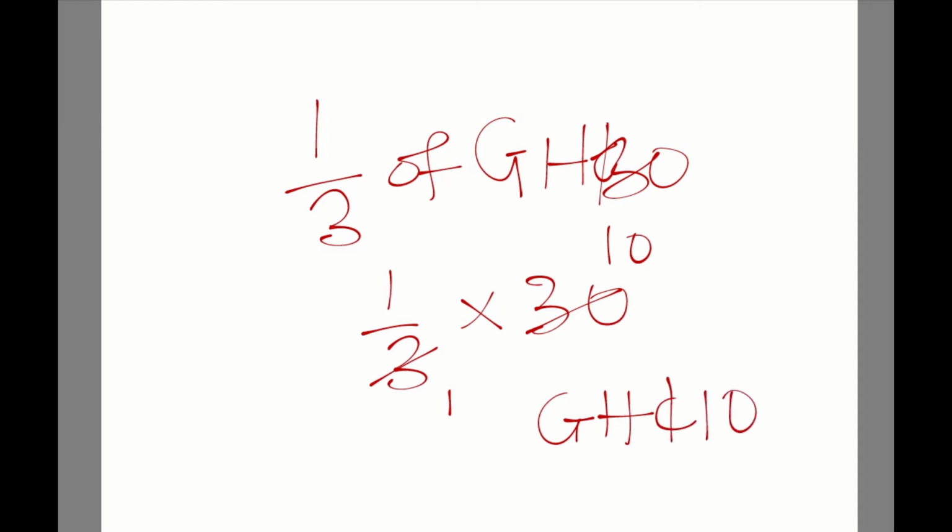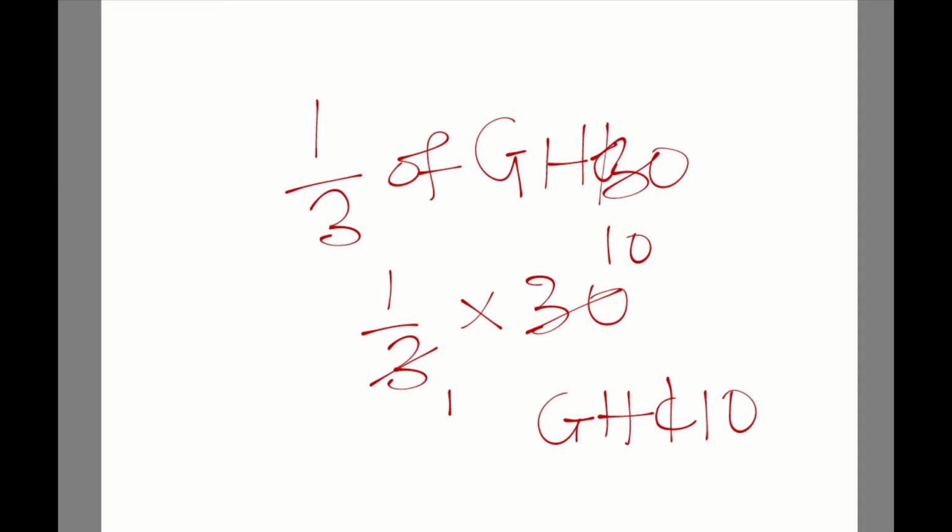Okay, so what we are going to do is not really different from what we did in the previous lesson. This time around, we are expressing one quantity as a fraction of another quantity.